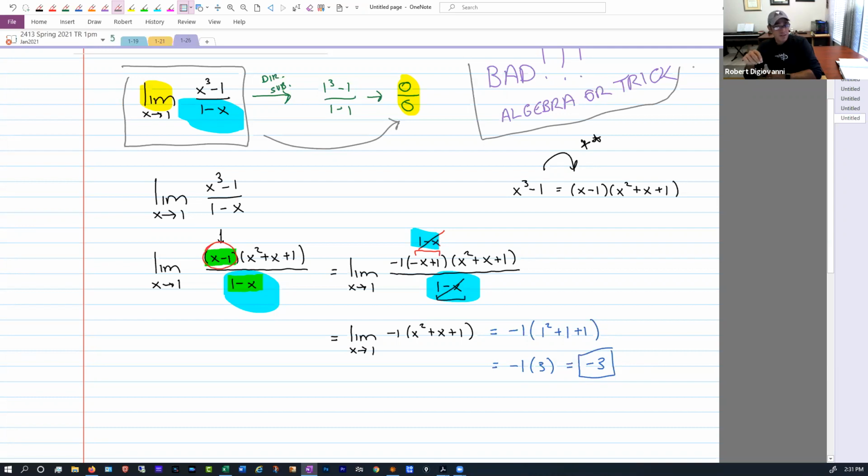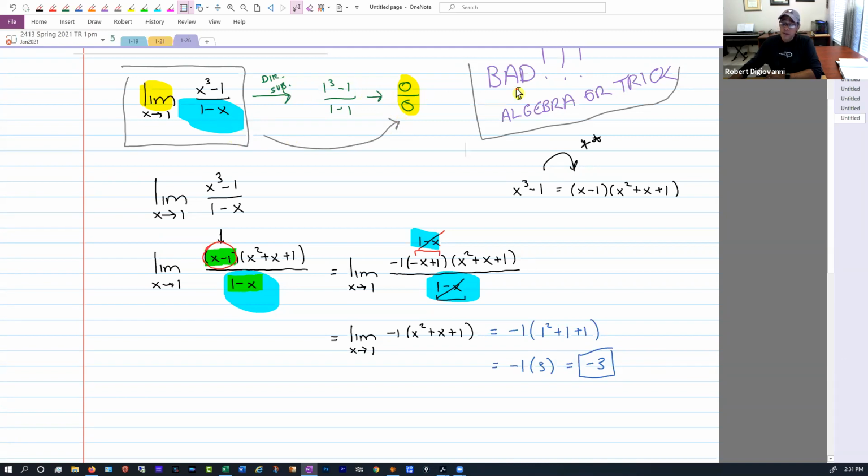On your test, if you get 0 over 0 and tell me undefined, you are going to get no points for this problem, because this is what calculus is all about. It's not you telling me 0 over 0 is undefined. It's you now doing some algebra to be able to work the limit out to actually get an answer. All right, well, maybe I'll give you 1 point for at least doing direct substitution.